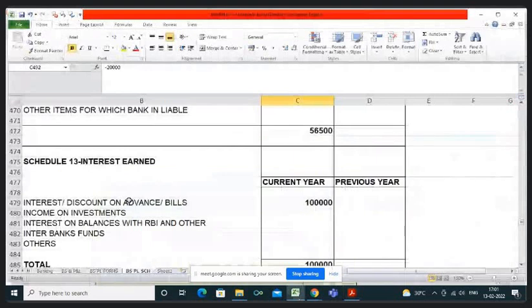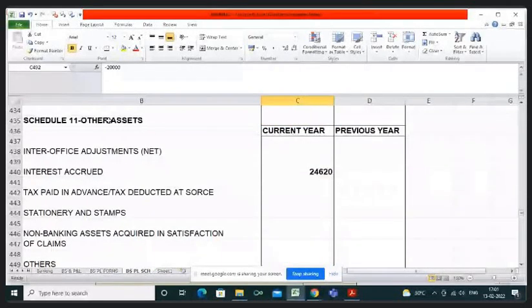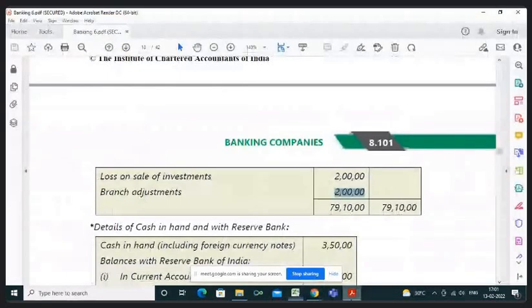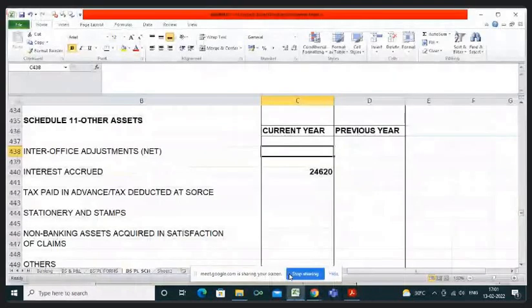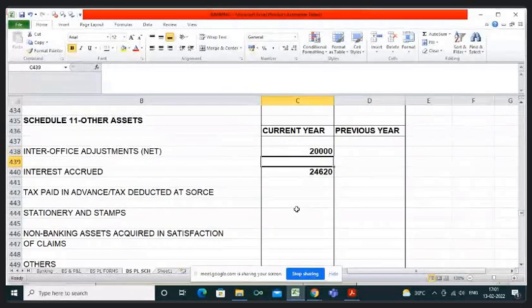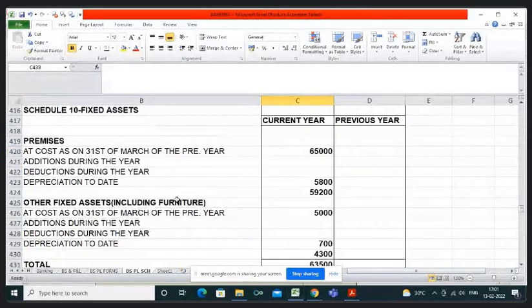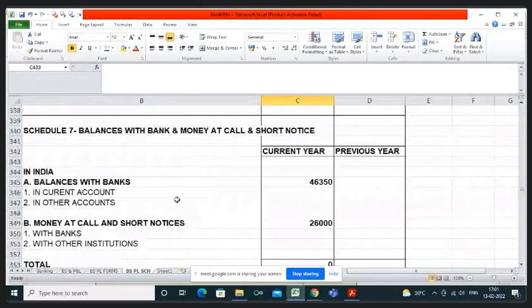Since it's not part of cash or bank balance, it will be under the other assets, inter-office adjustment, 20,000. Inter-office adjustments will be part of both other liabilities and other assets. Here it is other assets. If it's a credit balance, we'll show it under the other liabilities.